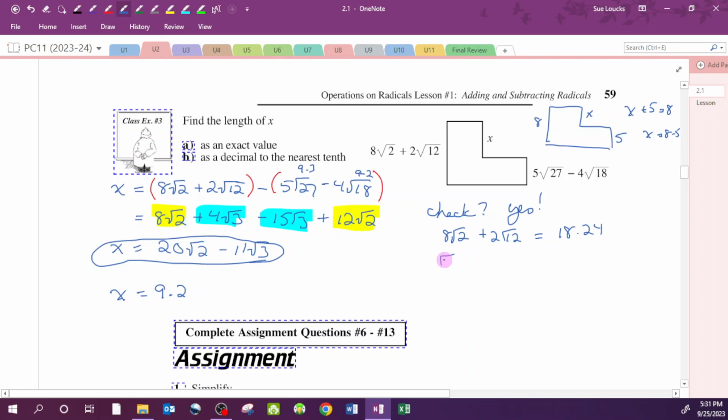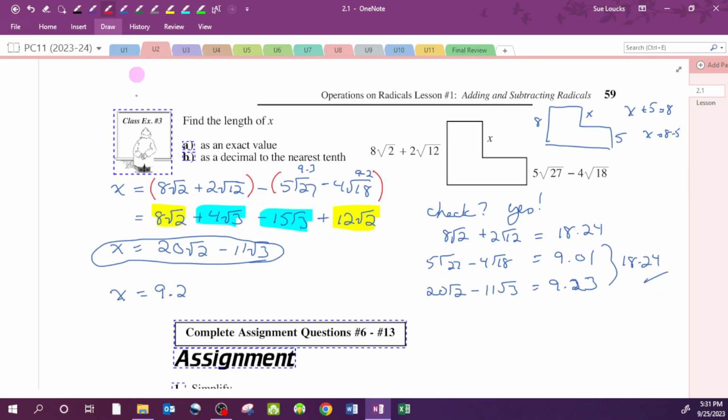And 5 root 27 minus 4 root 18 equals 9.01. And my 20 root 2 minus 11 root 3 equals 9.23. Since these two together add up to 18.24, my answer is correct. I'm happy with that, and I'm going to circle it to the nearest tenth.